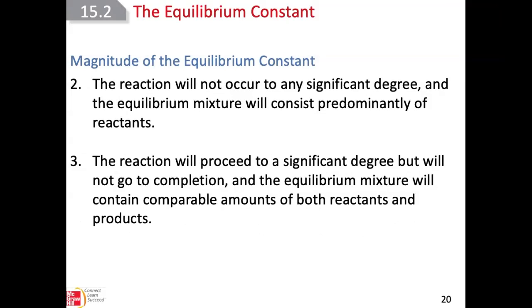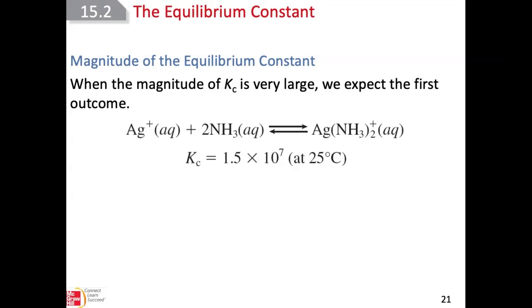And the third outcome is when the mixture has a very large amount of both reactants and products when equilibrium is established. So the reaction did not go to a significant degree to completion. You have a lot of reactants, but you have a comparable amount of product also formed.